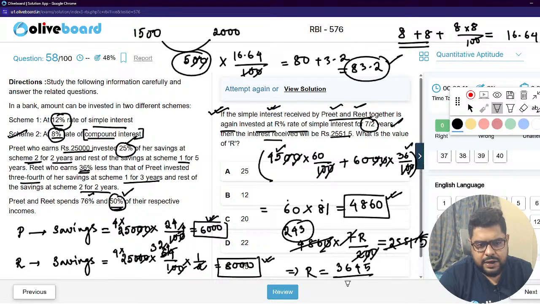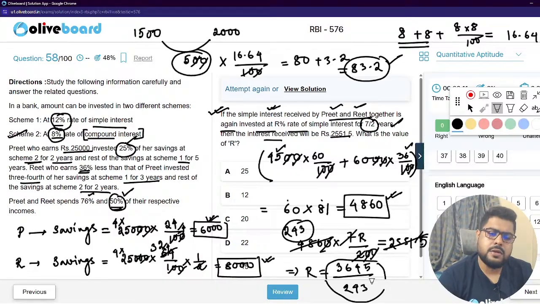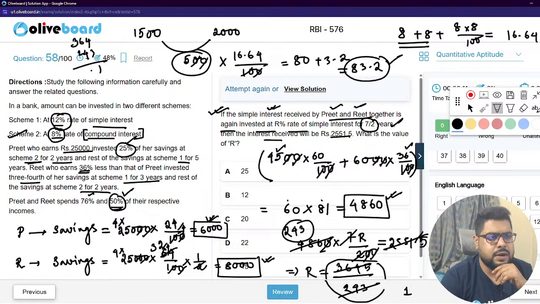3645 divided by 243. Calculate. 243 into 1 is 243, 364, then 1 2 1 5.